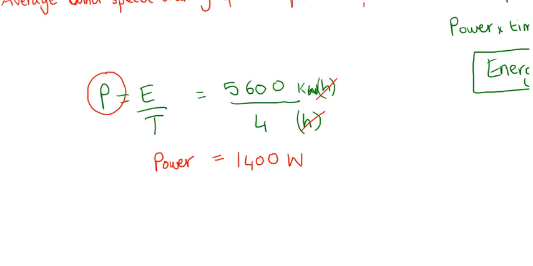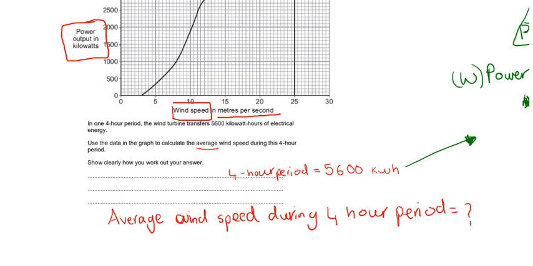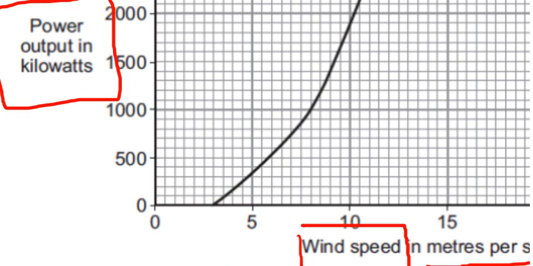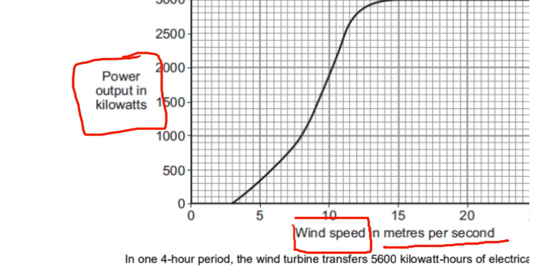Remember, they gave you the clue that you have to use the data in the graph. So all you now have to do is go to the graph and find where 1,400 is. We're going to read off the graph: I believe 1,400 is this one here. You go across to this, and then come down from here, which will give you an answer.